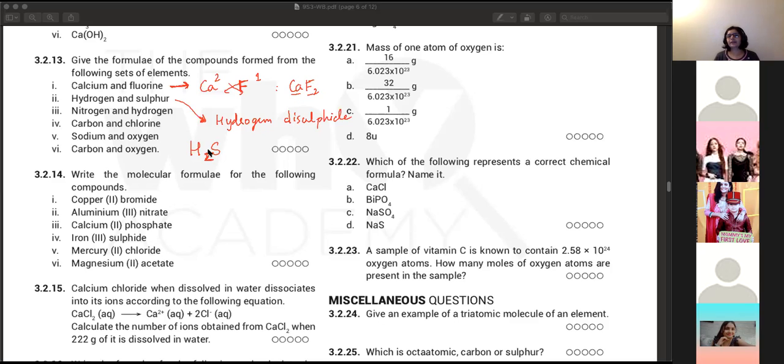What will be the compound formed between carbon and chlorine, Vasudha? Ma'am, it will be known as carbon chloride. So CCl. So what will be the valency of carbon?